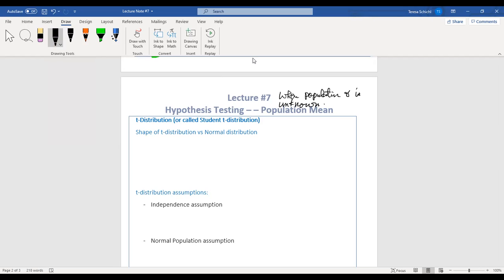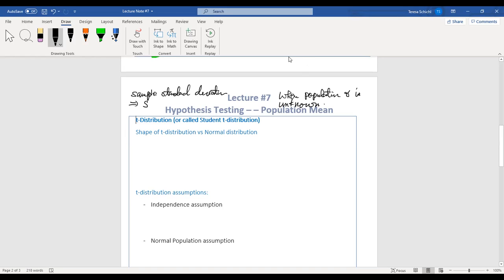So if we don't know the population sigma, then we calculate what we call the sample standard deviation by using the data, right? So what is the sample standard deviation? It's S here, right?